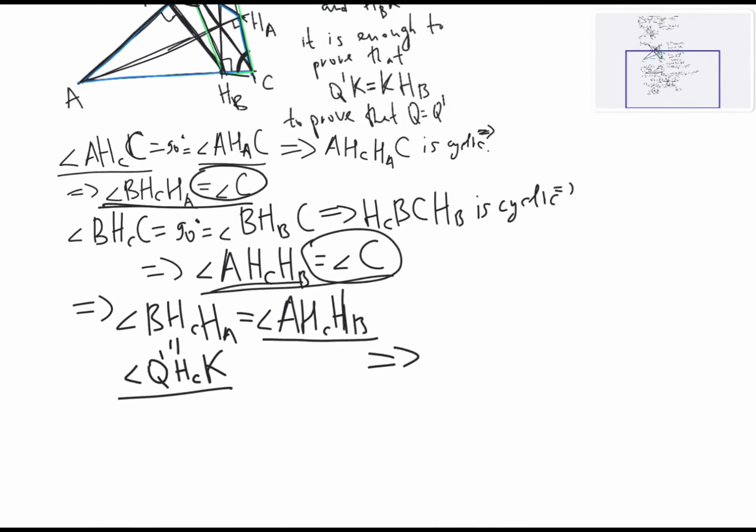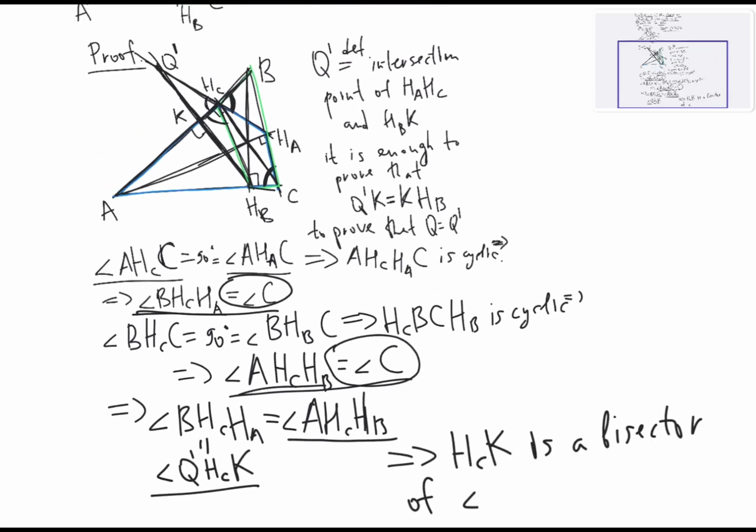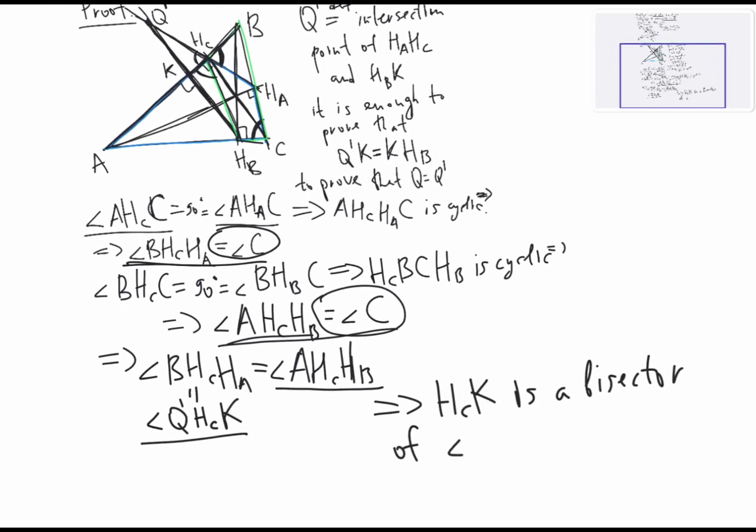So HCK is a bisector of the angle Q prime HC HB.